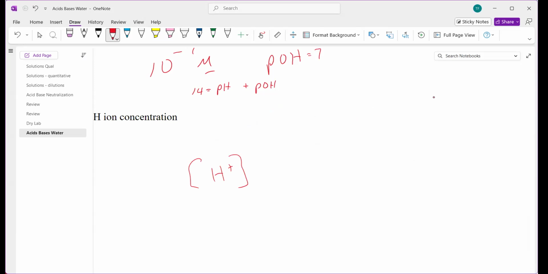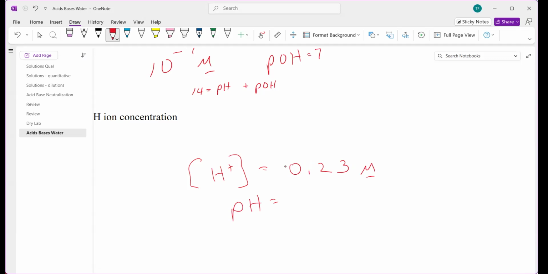So what is the pH of a molar concentration of 0.23?